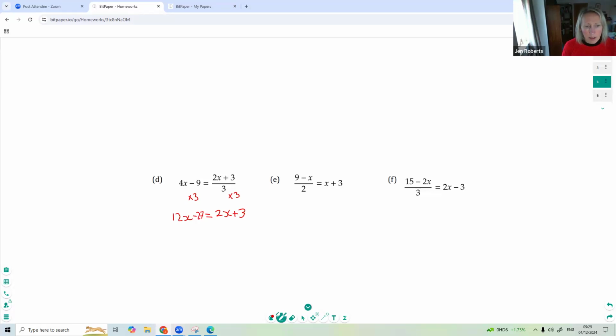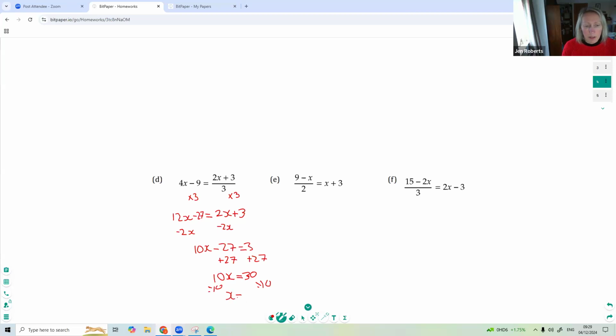Then I'm going to take 2x off both sides, which gives me 10x minus 27 equals 3. Then I'm going to add 27 to both sides. Gives you 10x equals 30. Divide both sides by 10. Gives you x is 3.